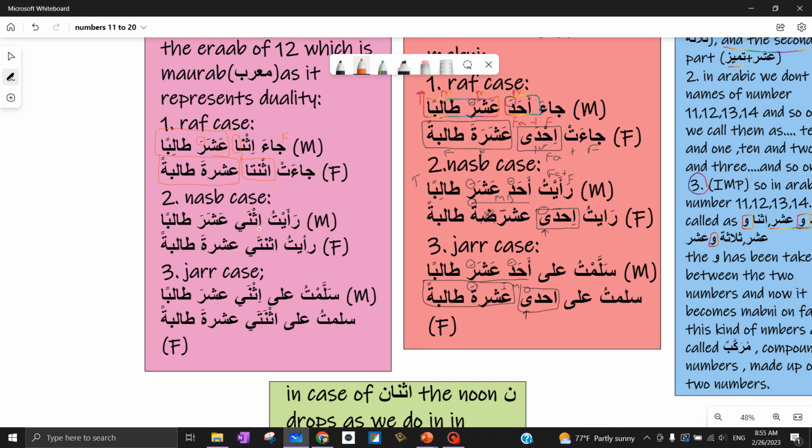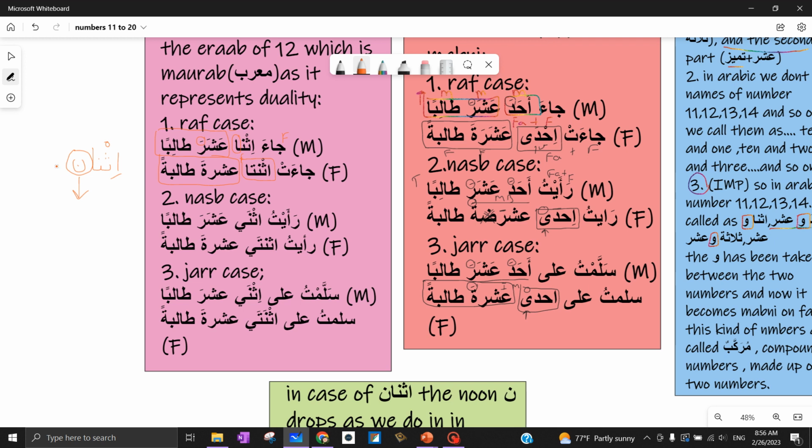In the nasb case, the alif changes to ya, as musanna is represented by ya in nasb case. And as I have explained before, what happens in musanna, it should be ithnan. What about the noon? Ithnan. Where did the noon go? The noon is actually dropped whenever you write the number together.